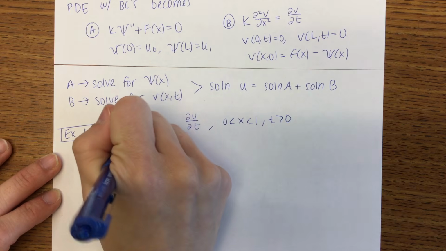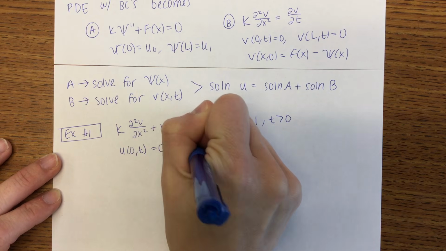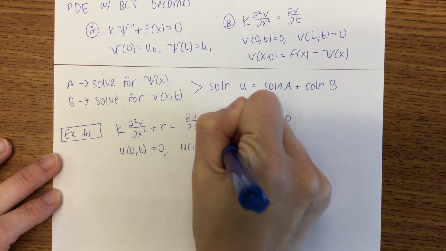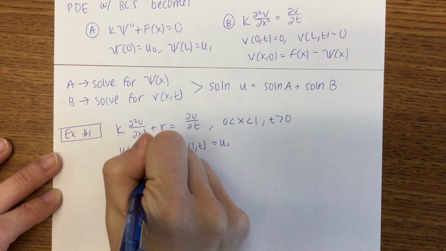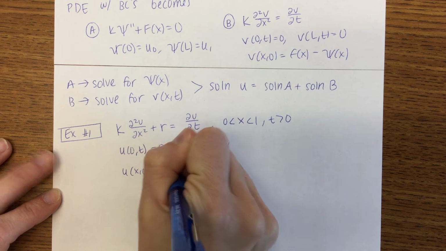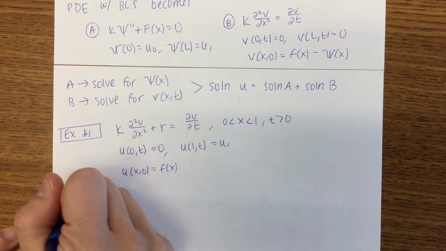Your conditions: u of 0,t equals 0, u of 1,t equals u_1, u of x,0 equals f of x. The initial example I gave you was heat. This one is still heat. The process is the same for wave. So if it's a wave equation, you're still going to carry it out the same way.